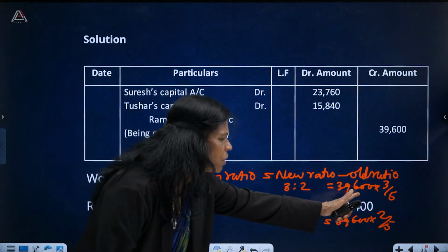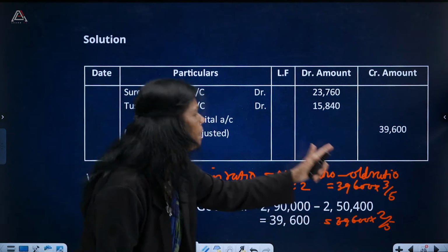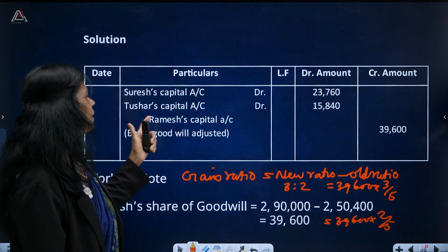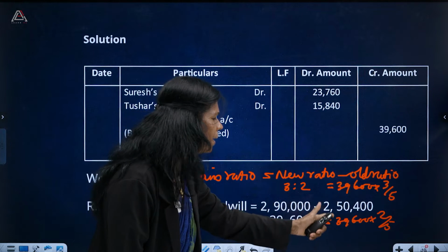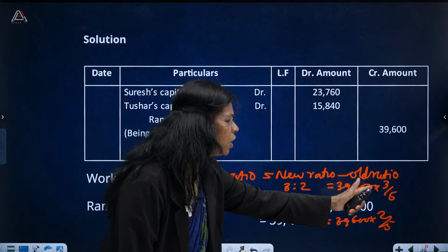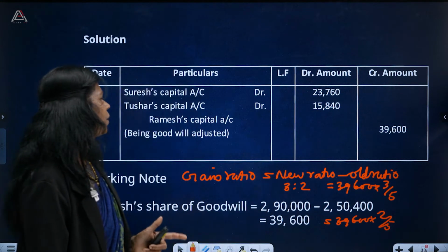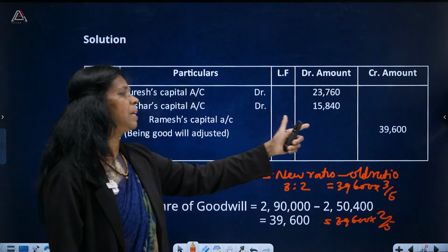Then 39,600 into 3/5 means 23,760. Then in the case of Tushar's share, that is 39,600 into 2/5, that is 15,840, to Ramesh's capital account.